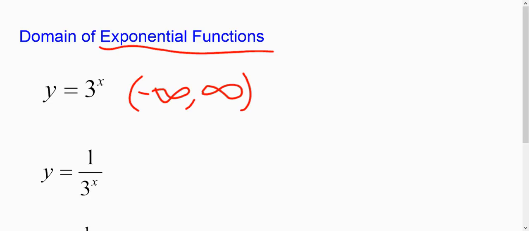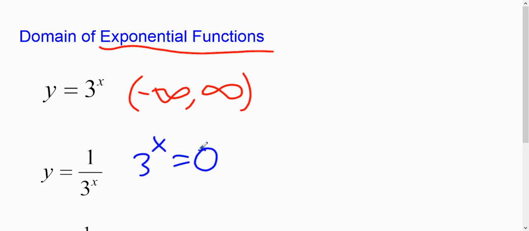Now to take it to the next step, we're looking at it in the denominator. We know denominators aren't allowed to be 0. So the only thing that would ruin this equation is if 3 to the x were equal to 0. That would not be allowed because you can't divide by 0.